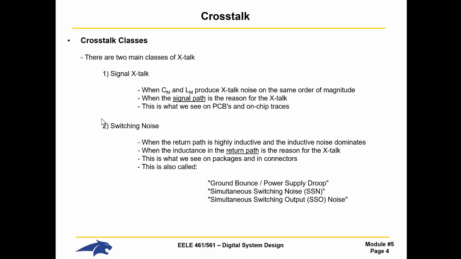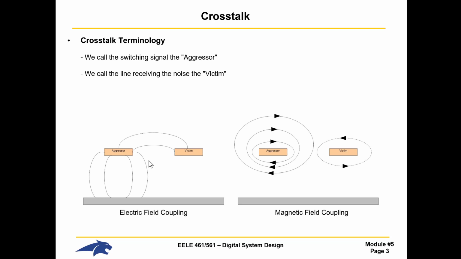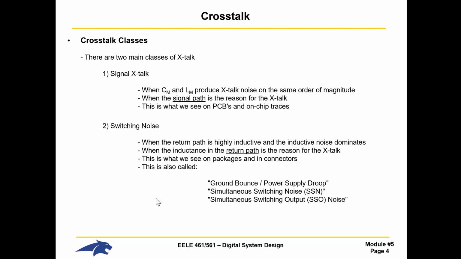Okay, but there's actually another category of crosstalk called switching noise, and this is due to the return path. So we always think about the signal path, right? We think about a wave propagating down this signal right here, and it coupling over to here, and we want to look at that with an oscilloscope, let's say. But it turns out that there can be coupling for the return path too, and you see this a lot when you are looking at packaging.